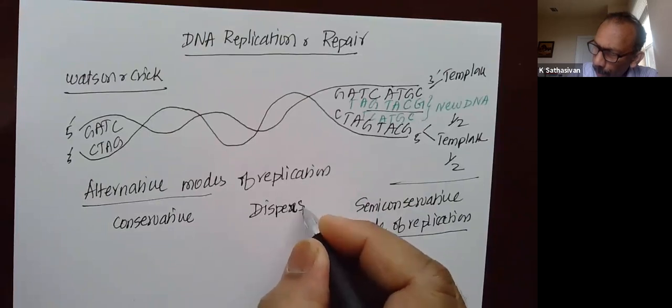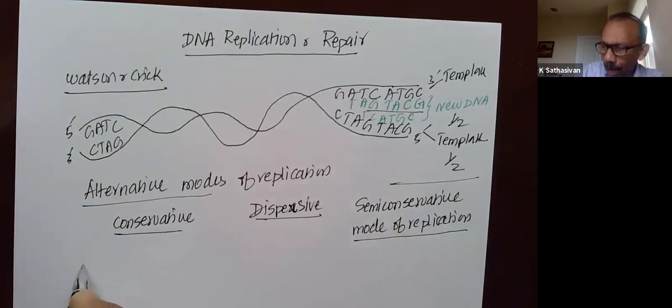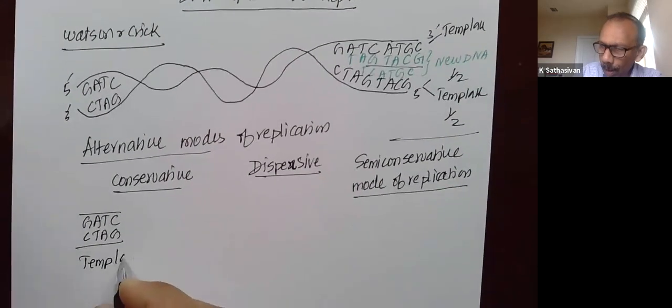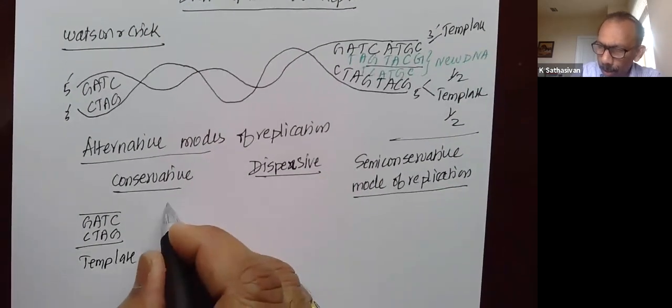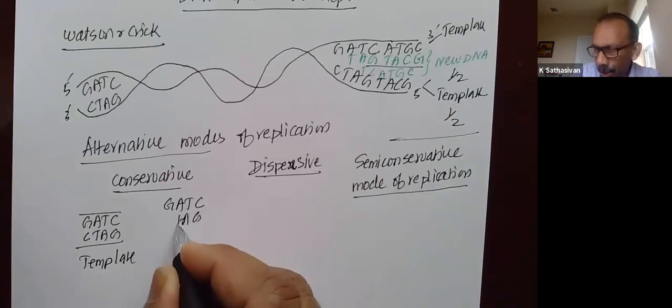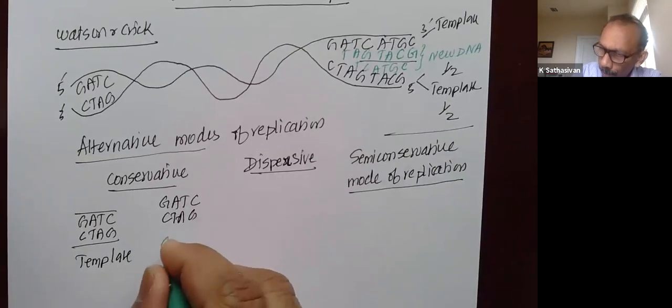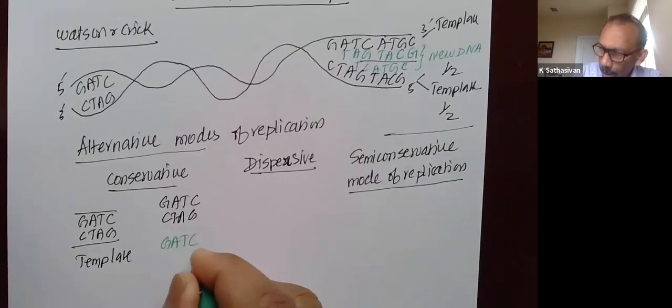Dispersive mode. In the case of the conservative mode, if you have a template GATC, and this side is GATC, this strand is going to be copied, like the template is going to remain as a template GATC, GATC, and the new strand is going to be GATC and GATC.